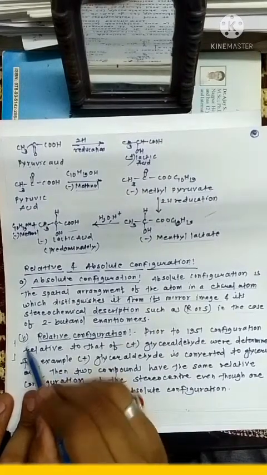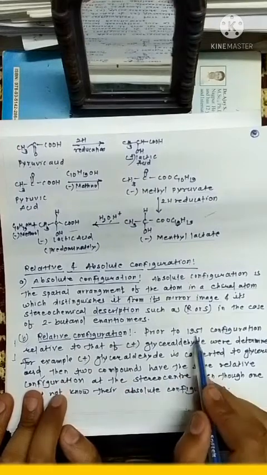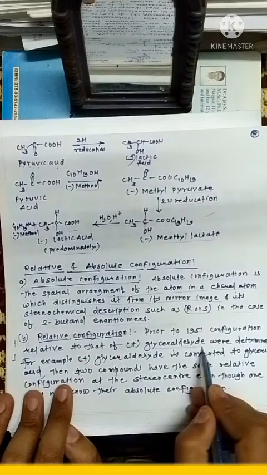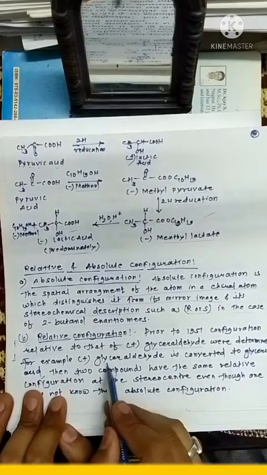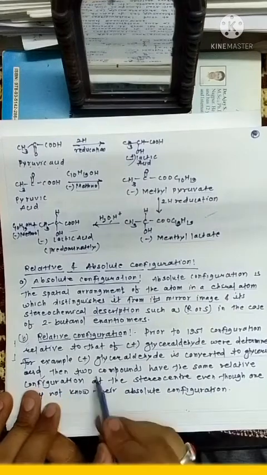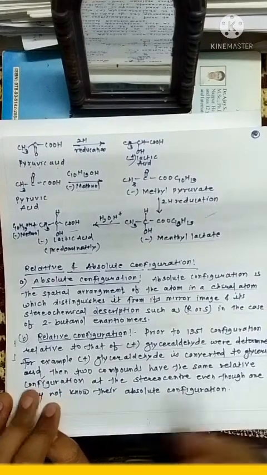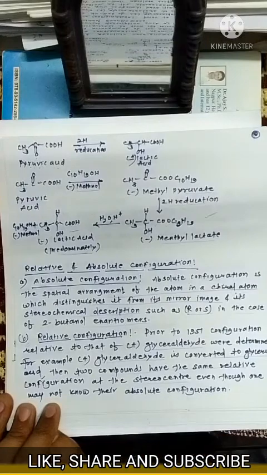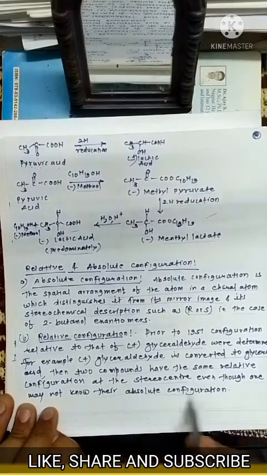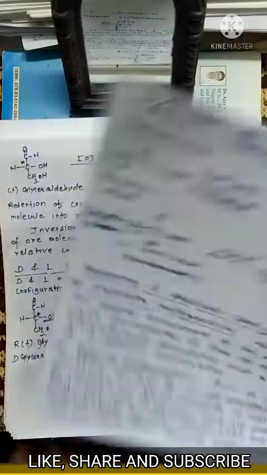Now we are going to see relative configuration. Prior to 1951, configurations relative to that of positive glyceraldehyde were determined. For example, positive glyceraldehyde is converted to glyceric acid. Then the two compounds have the same relative configuration at the stereocenter, even though one may not know their absolute configuration.